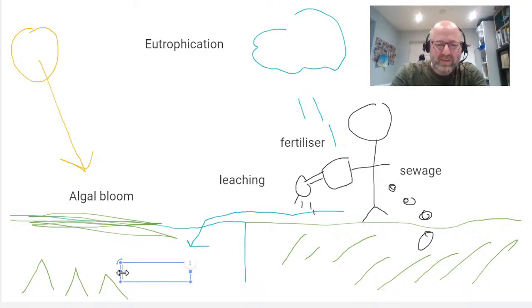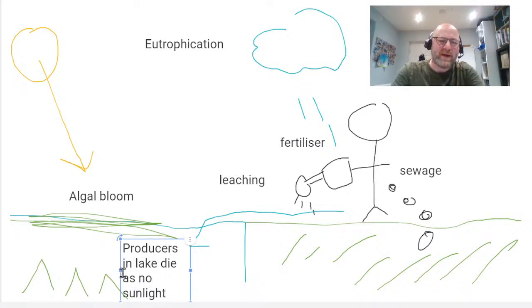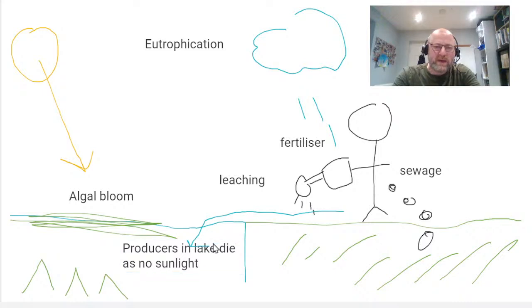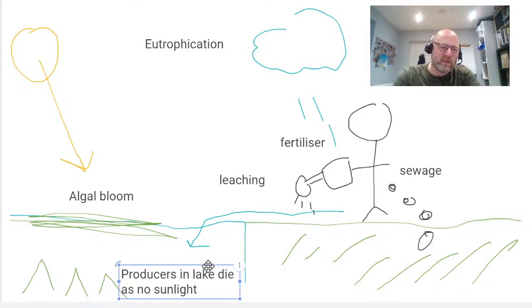So producers in the lake die as there's no sunlight. You can expand upon that. No sunlight, they can't absorb sunlight, so they can't do photosynthesis, they can't make glucose, they can't make proteins, so they're going to die. What that means is no oxygen. If the producers aren't doing photosynthesis anymore, there's no oxygen, and that kills the fish.